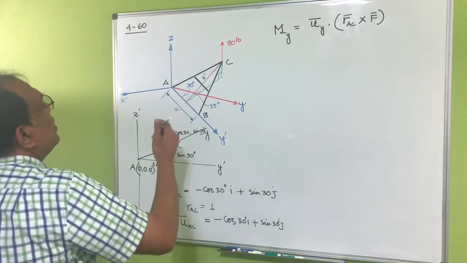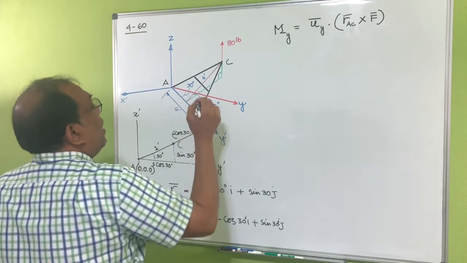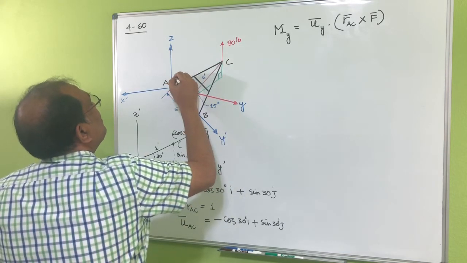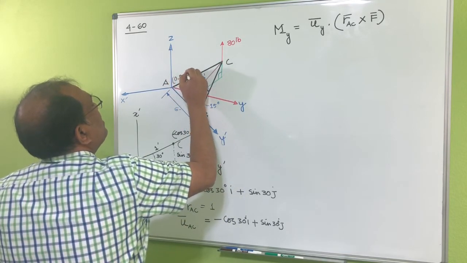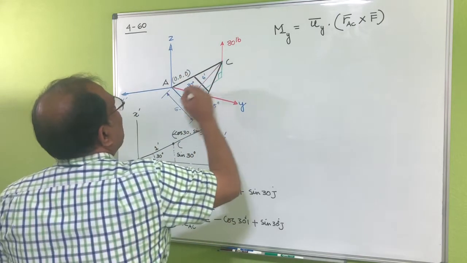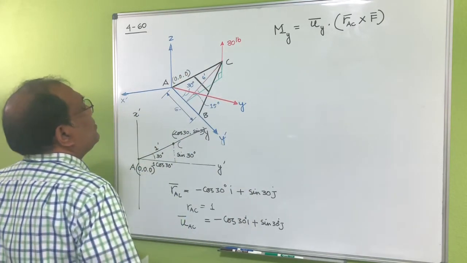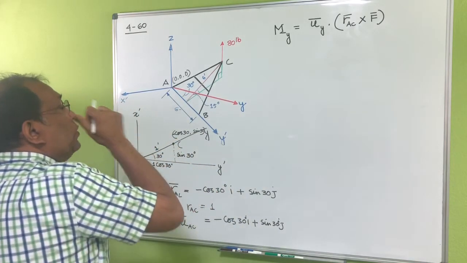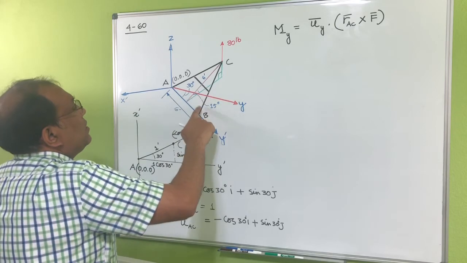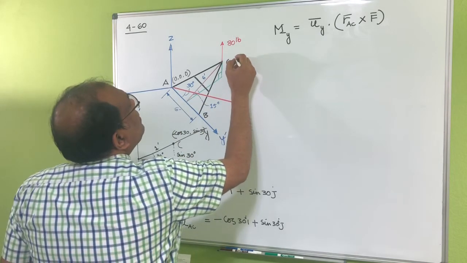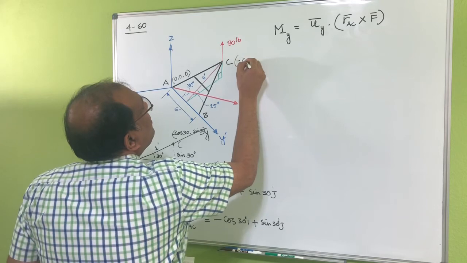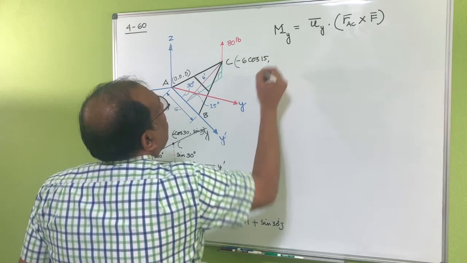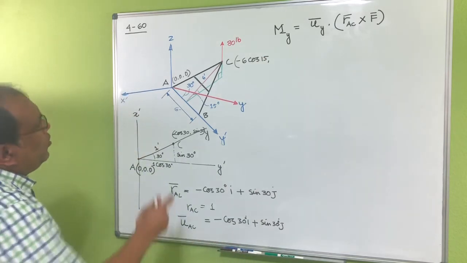Now I have to find out the position vector AC. So I need to know the location of these 2 points here. I know A is 0, 0, 0, and C is in the other direction. So from here to here, this one would be 6 cosine 15. How about the y direction?